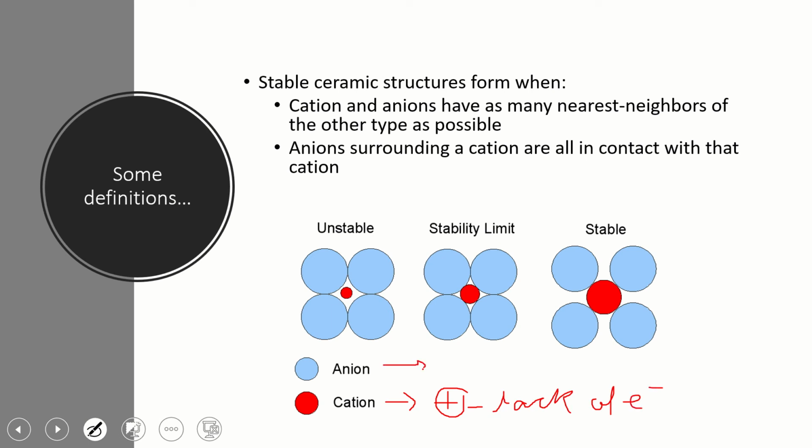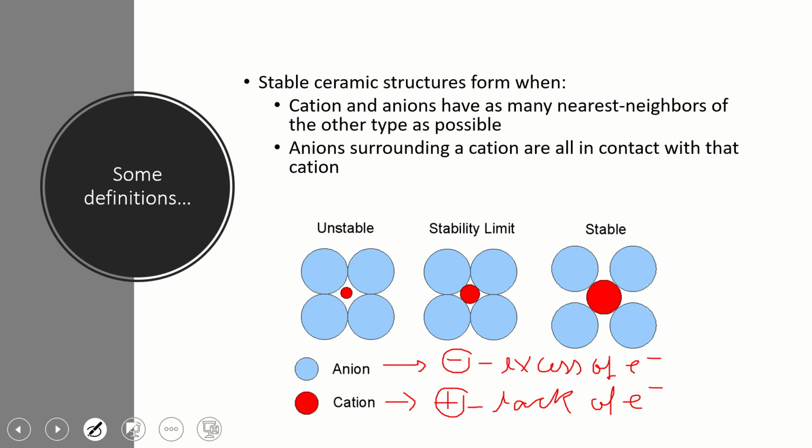The anions contain a negative sign, which means an excess of electrons. So for a ceramic structure to be stable, the cation and anion must have as many nearest neighbors of the other type as possible.